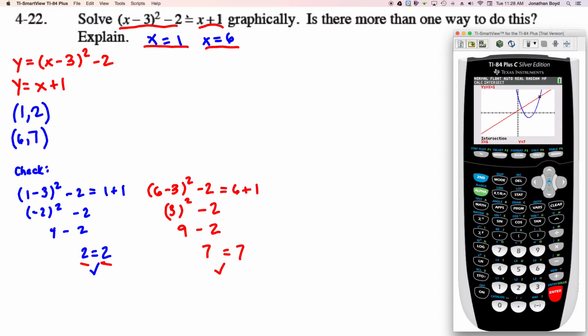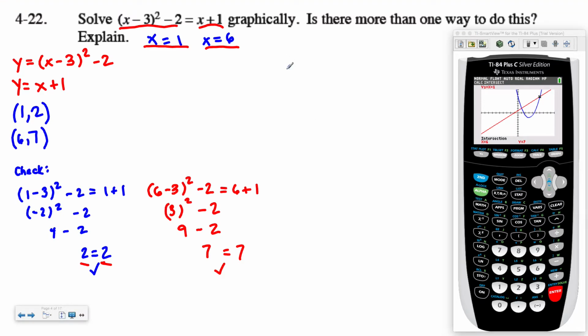If you were to solve this algebraically, and I'm going to go ahead and do that just so you can see some shortcuts that I want you to see. Let's just restart here with (x minus 3) squared minus 2 equals x plus 1.